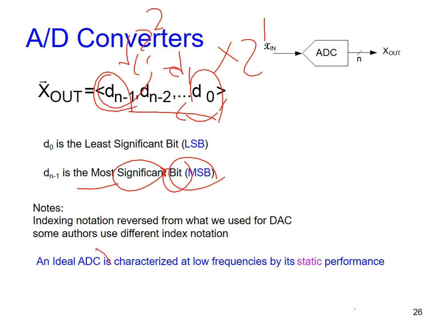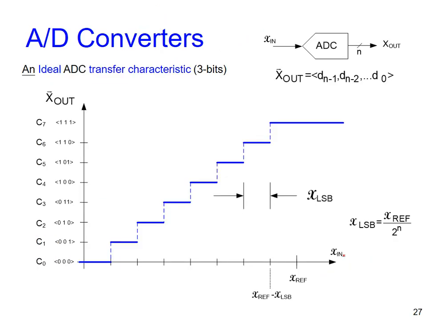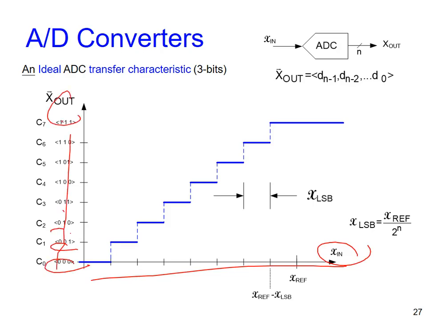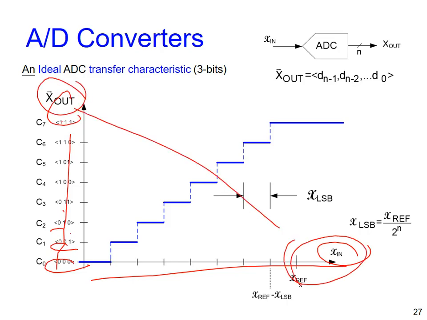Okay. And how do we characterize the performance of such an ideal ADC? Usually we talk about the linearity. The linearity means the static performance. Later I will explain. Okay? This is your analog input. After conversion, you get some kind of digital output. That is the output code, digital code, compared to your original input.